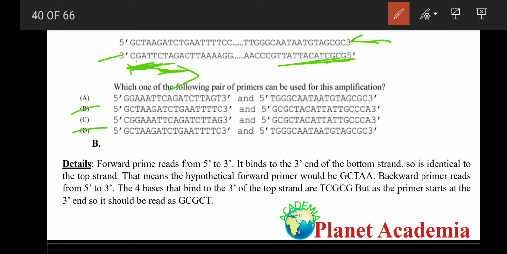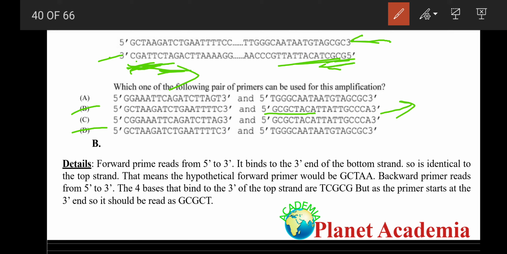So we see 5' is GCGC, this one D, C D C. So the answer should be 5', then GCGC, yes, GCGC. This is the answer.